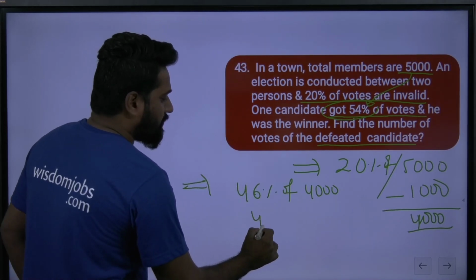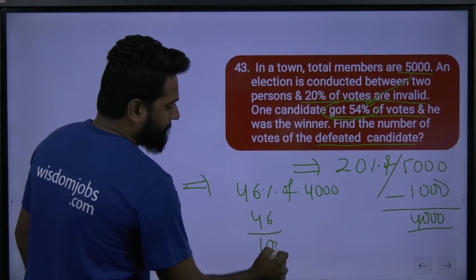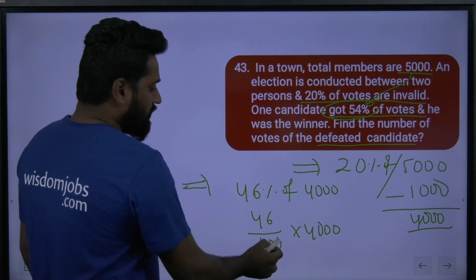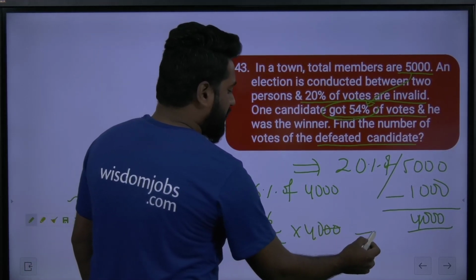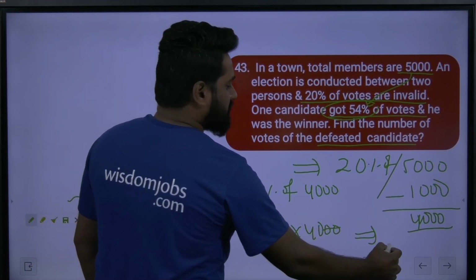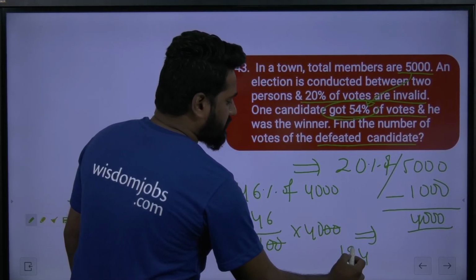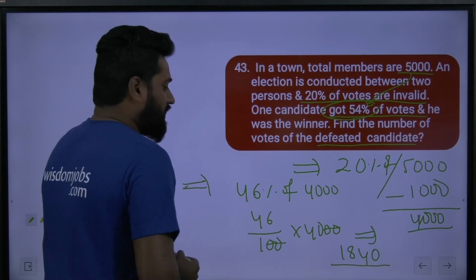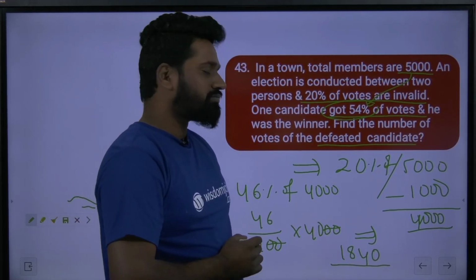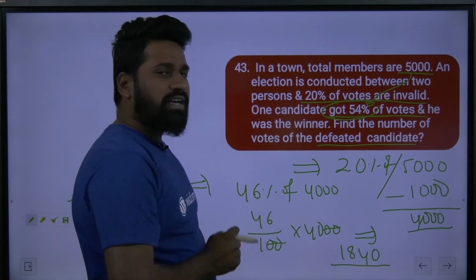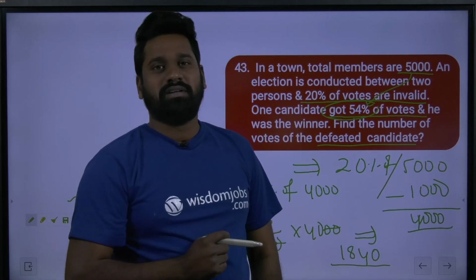So 46 by 100 into 4000. So 2 zeros will be cancelled, and this is 4 6 are 24, 4 4 is 16 plus 2 is 18. So 1840 votes. These are the number of votes gained by the defeated person or loser.